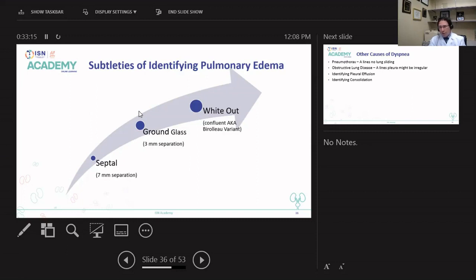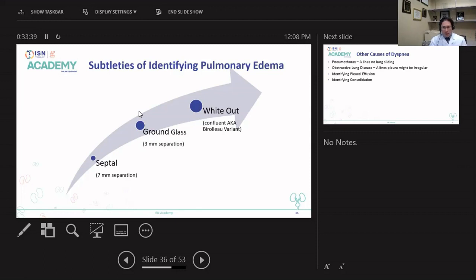So septal edema usually appears first. A 7 millimeter separation usually corresponds to about 3 B-lines in an interspace or more. And then ground glass, which is going to be even smaller spaces between B-lines, can be up to maybe 9 or so. And then whiteout, where the whole interspace just appears like one big B-line. It's snowed out.